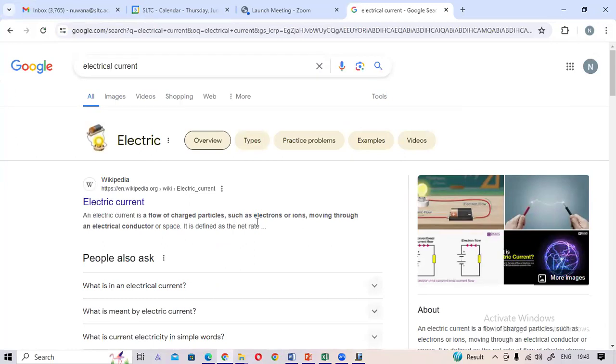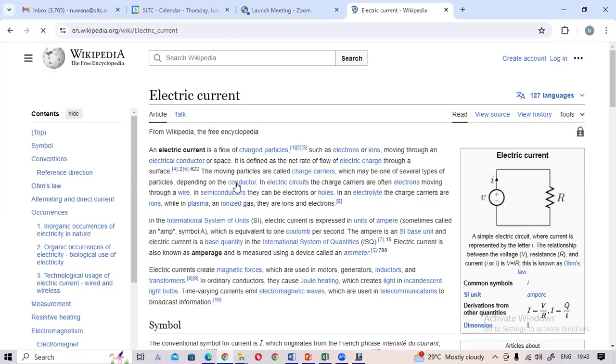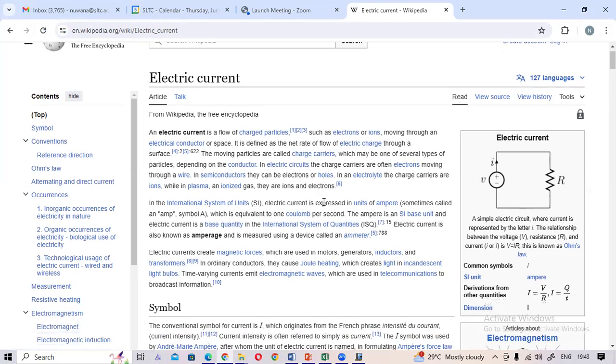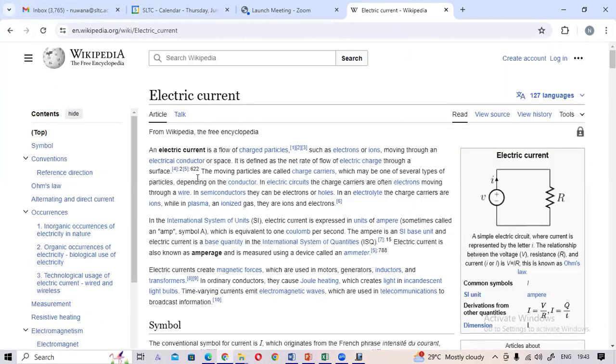Flow of charge particles while moving through an electron conductor in space. It is defined as the rate of flow of electric charge.